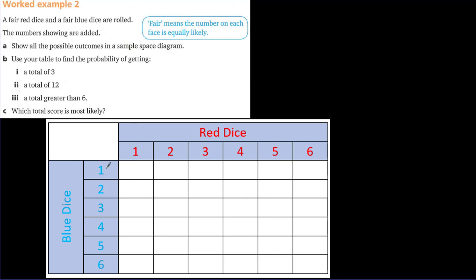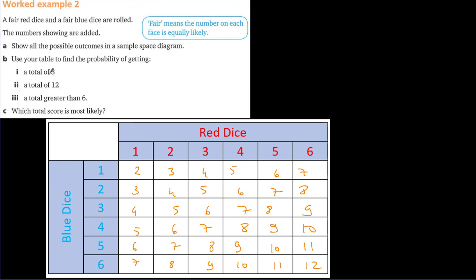So the sum of 1 and 1 is 2, then 3, 4, 5, 6, 7. These are all the possible sums when you roll two dice.